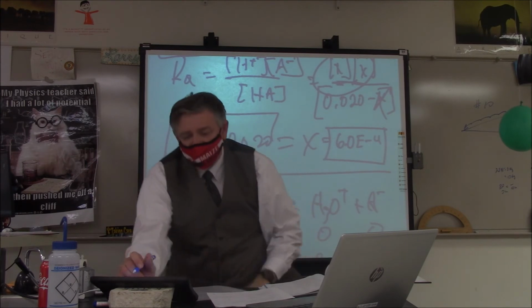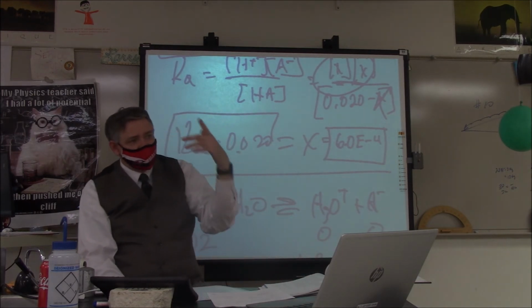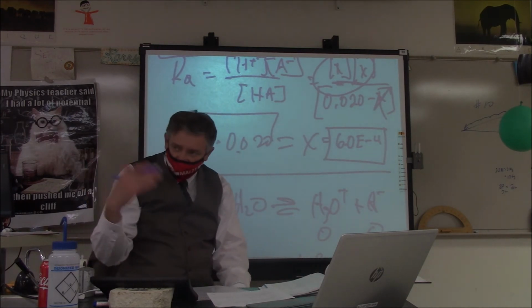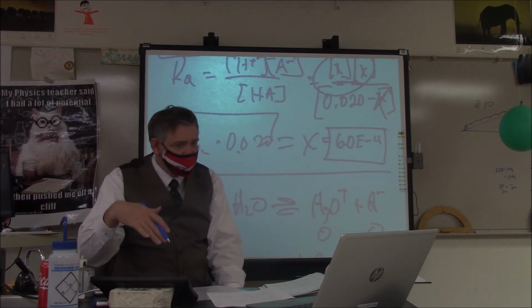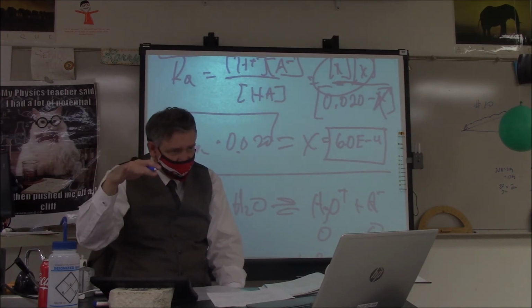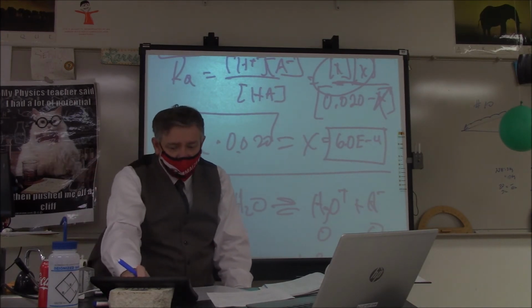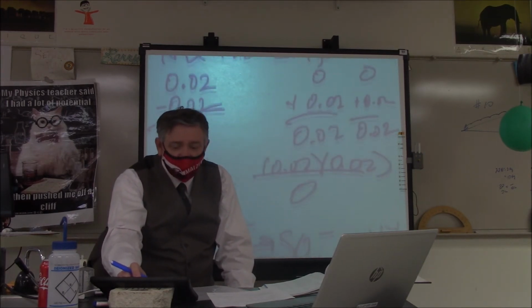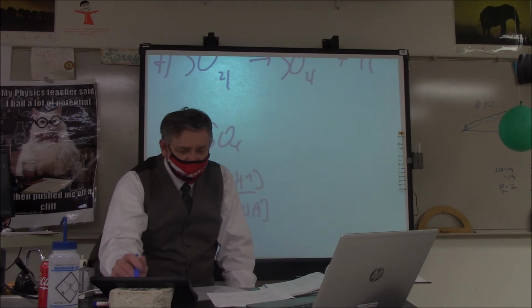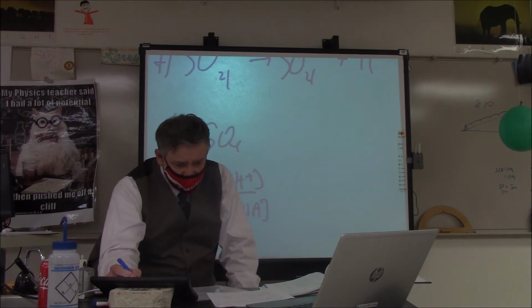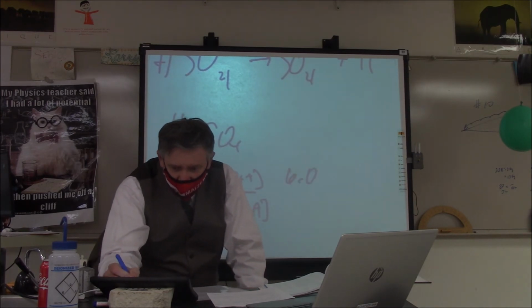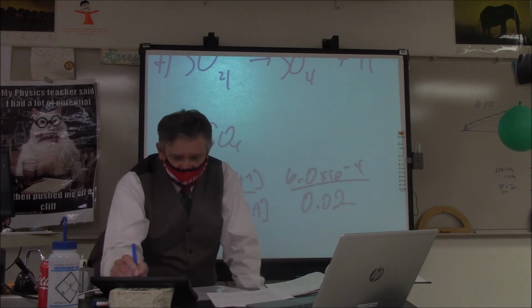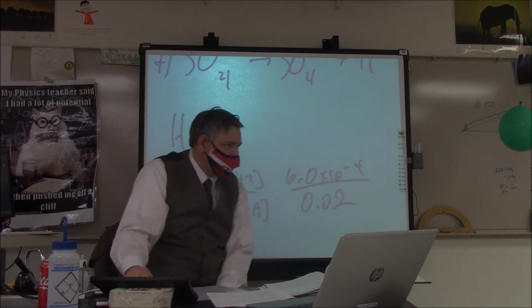That's the concentration of your hydronium ions and the concentration of your anions at equilibrium when the concentration is 0.02. To get your percent of ionization, you take that 6.0 times 10 to the negative fourth, divide it by the concentration of the acid, which is 0.02, and then multiply by 100.